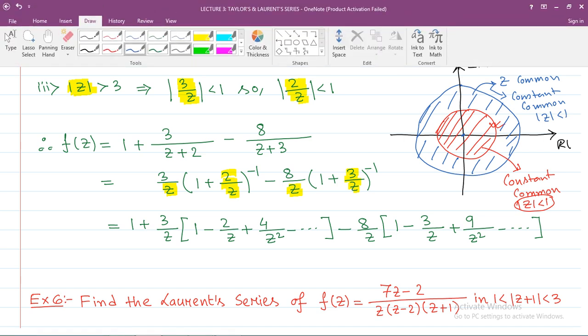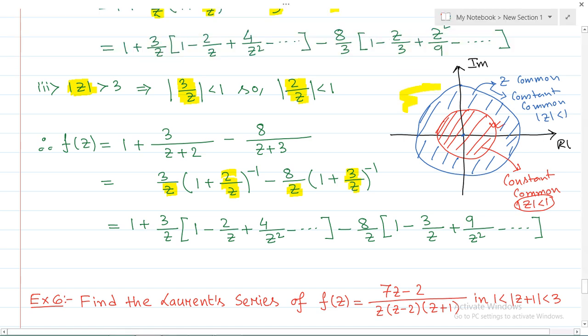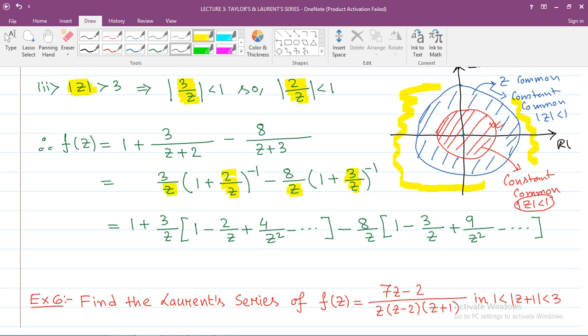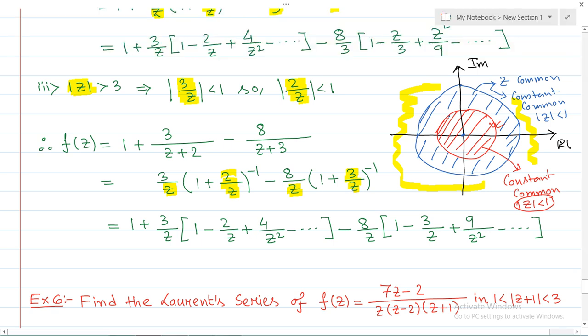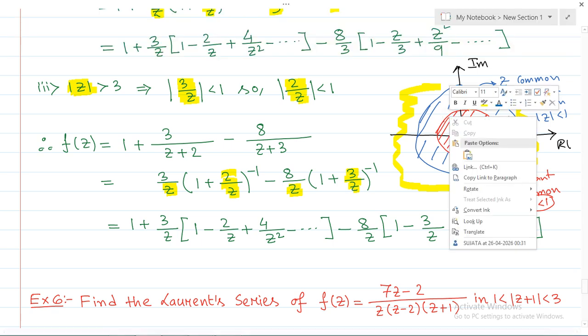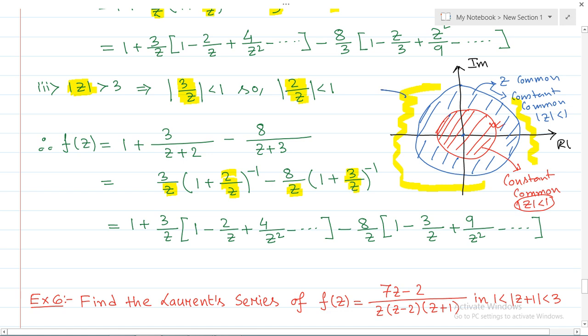And if it is going beyond this region, the outer region, then for both cases, for the inner circle and for the outer circle, we have to take z common only, so that the structure mod z less than 1 will come.